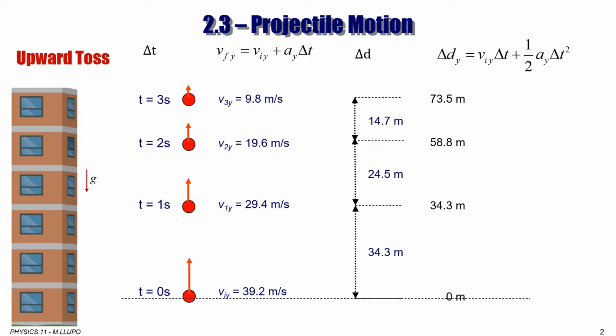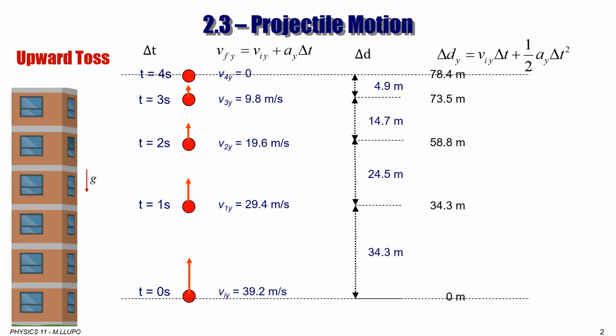Now, after another second, you're going to have another 9.8 decrease, which will end up at 9.8 meters per second using this formula. Then another second is going to be less by 9.8, that means 9.8 minus 9.8 is equal to 0.